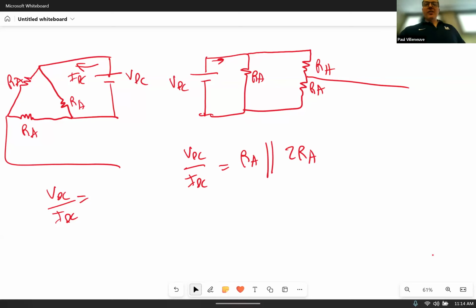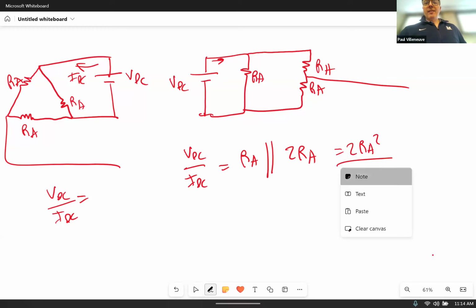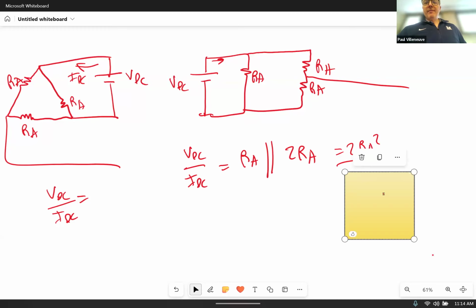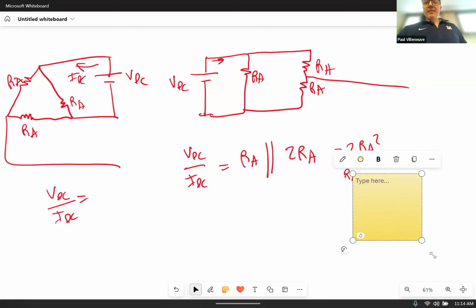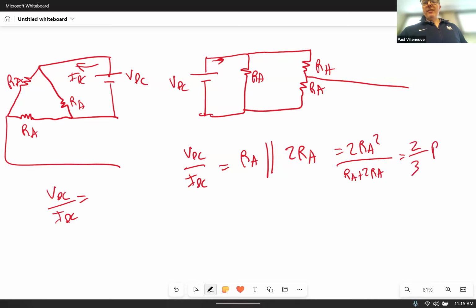And product over sum: RA times 2RA over RA plus 2RA, which is equal to 2/3 RA.